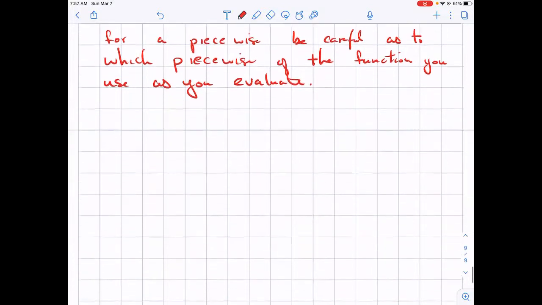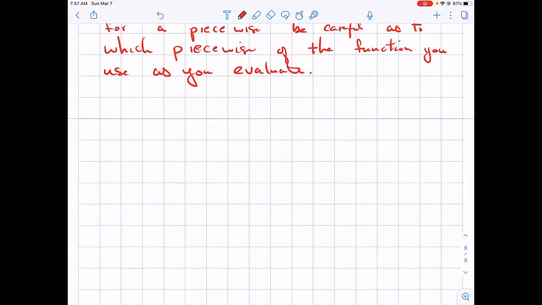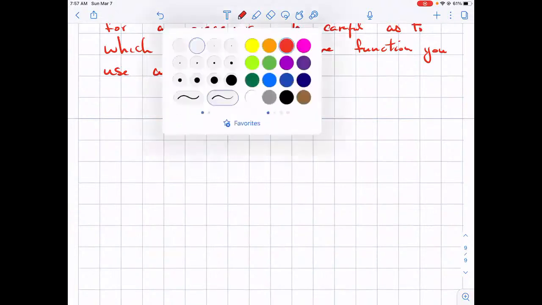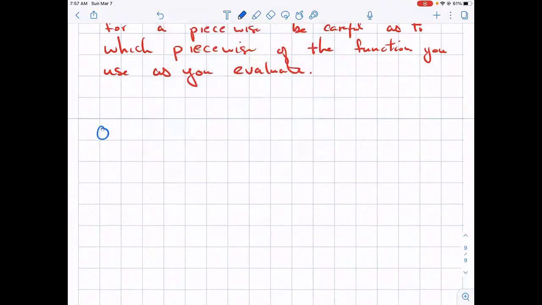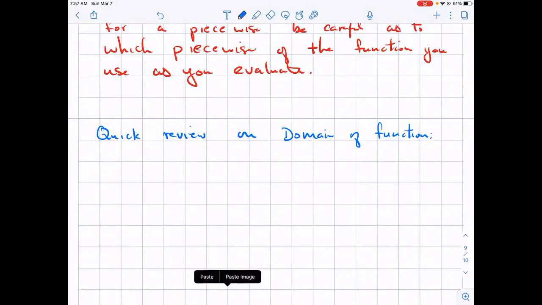Now, we can also talk about the domain of a function, right? I have created a video on domain of function before. So remember, just a quick review on domain of functions. The domain of a function can be described explicitly or it can be implied by the expression.